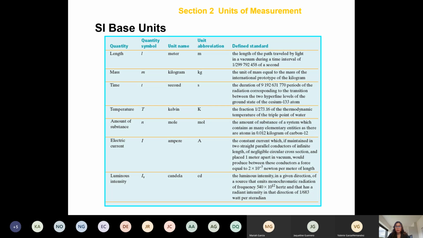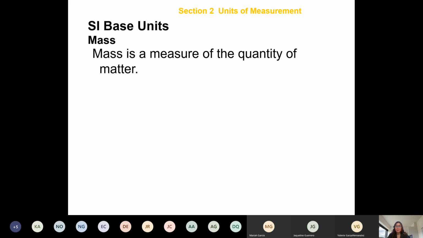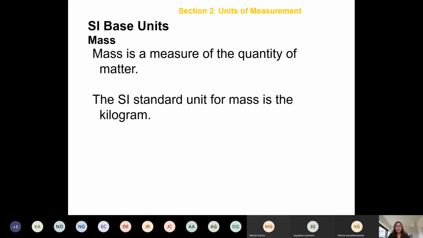Okay, so let's go ahead and talk about each one of these individually. We're going to begin with mass. Mass is a measure of the quantity of matter, and we had talked about this already. So how much matter there is in an object is mass. The base unit for mass is the kilogram.